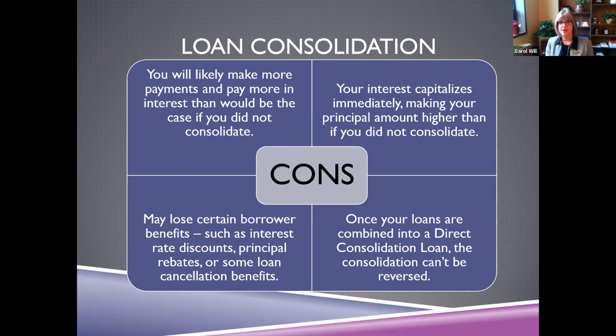Once your loans are combined into direct consolidation, they cannot be reversed because the loans that were consolidated are paid off and they no longer exist. If you have questions about loan consolidation, you can call Student Loan Support Center at 1-800-557-7394. This number is also found on the student loan contact information handout.